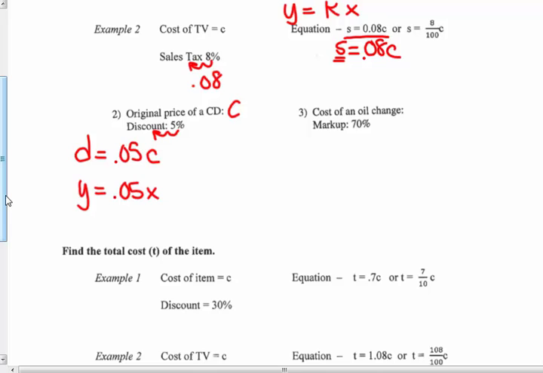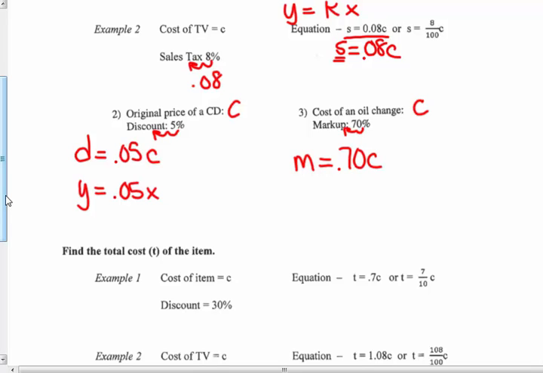The cost of an oil change. The cost, C. The markup is 70%. So what is the markup total price then if it's marked up 70%? So the markup could be M equals, changing the percent to a decimal, 7/10 or 70/100ths times the cost.